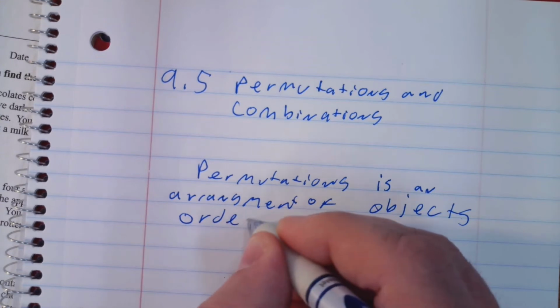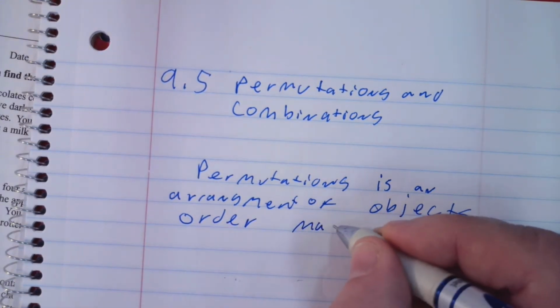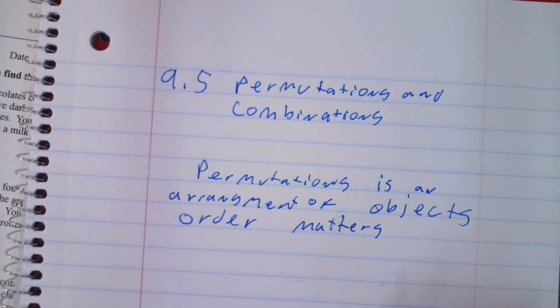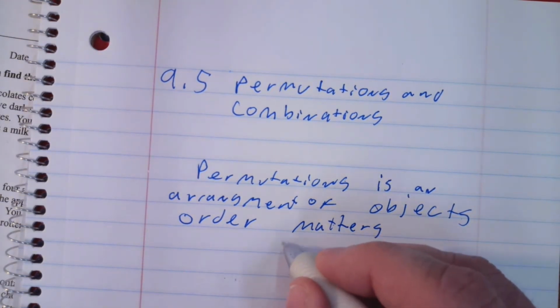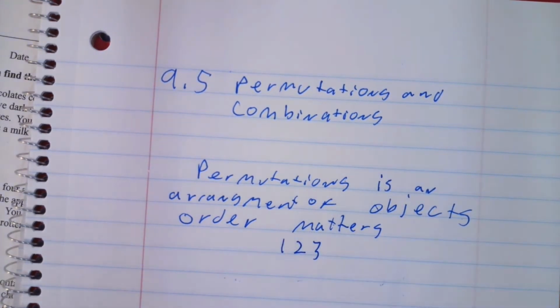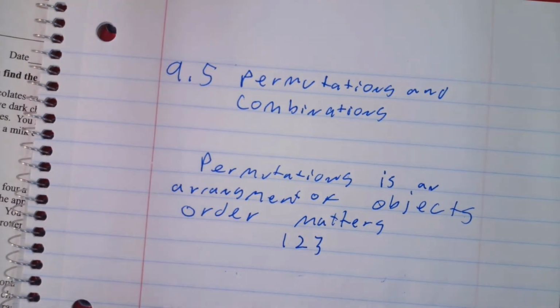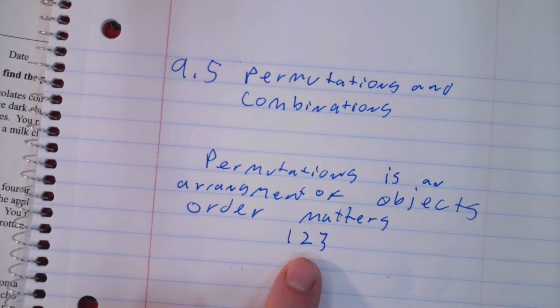Order matters. Okay, so I'm going to write some objects down. And what we want to know is all the different permutations that can exist for this. Okay, order matters.